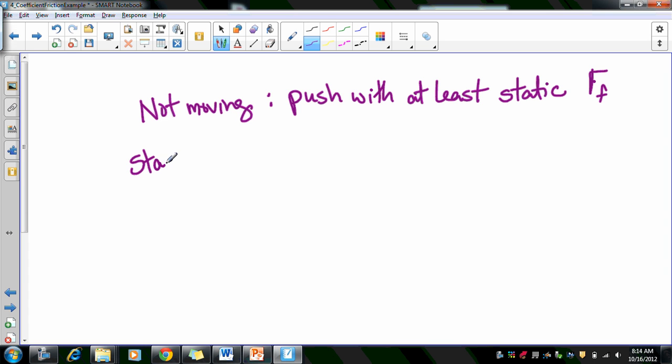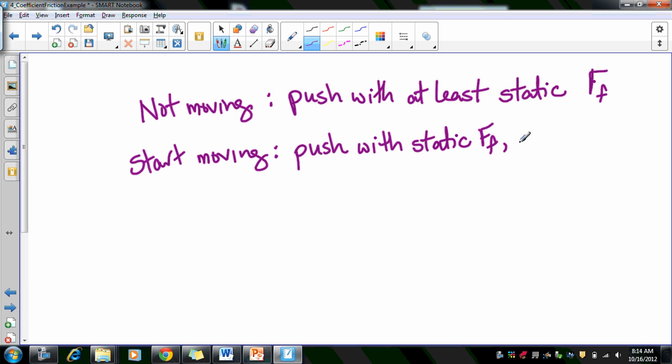Starting to move, you're still pushing with the static frictional force, but now it has the kinetic frictional force.